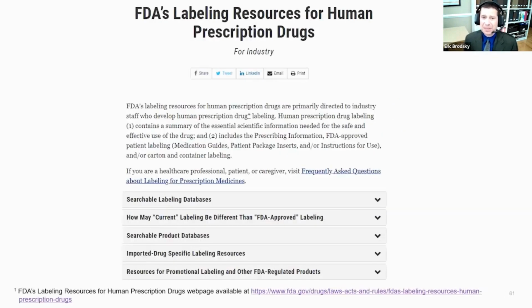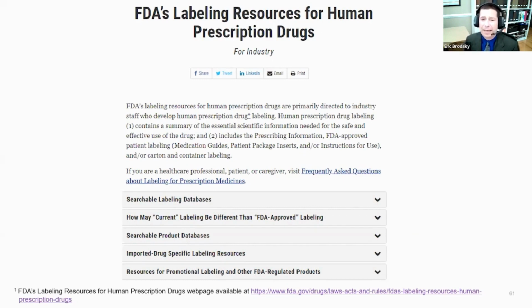Next slide. So this is our homepage. This includes labeling databases such as FDA Label, DailyMed, Drugs@FDA, and searchable product databases such as biosimilar product databases, Orange Book, Purple Book.